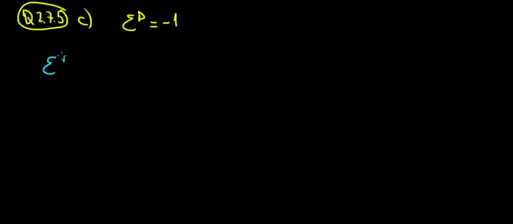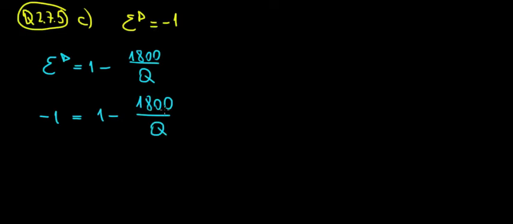So, elasticity of demand is equal to 1 minus 1800 divided by Q. Meaning, when elasticity of demand equals -1, what's going to be our Q? -1 equals 1 minus 1800 divided by Q. Let's do the math. We can take the -1 from the left and bring it to the right side, which becomes positive.